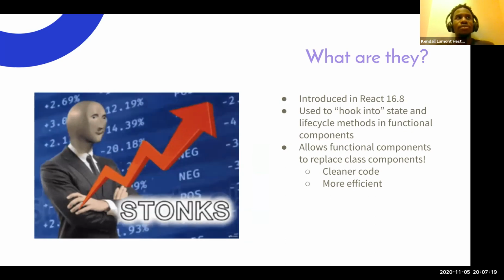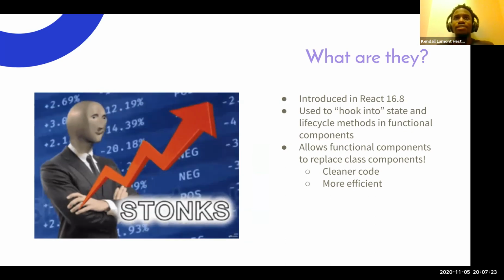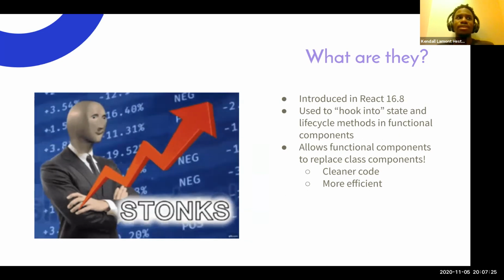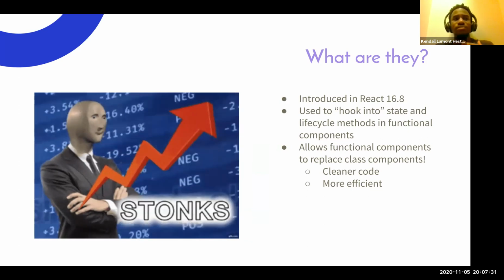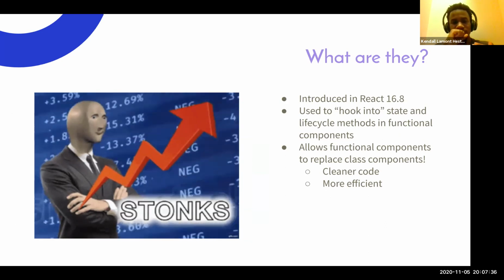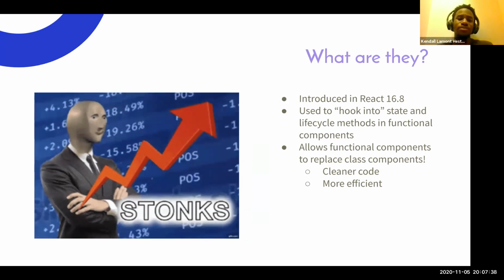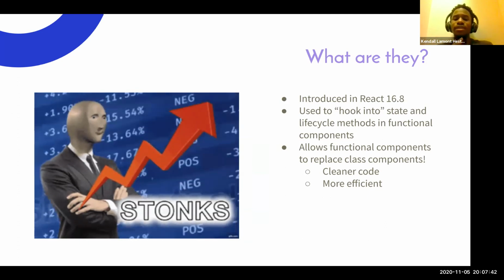We'll go more in depth on what exactly that means, but essentially this allows us to have more dynamic functionality with a functional component, as opposed to just returning a view or just HTML. This allows us to replace class components with functional components, allowing us to create cleaner and more efficient code.